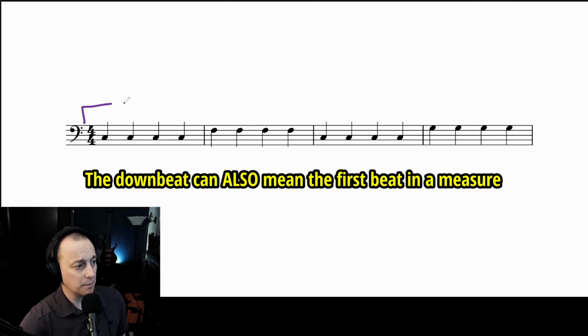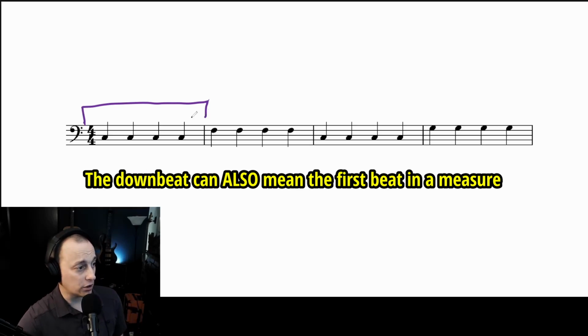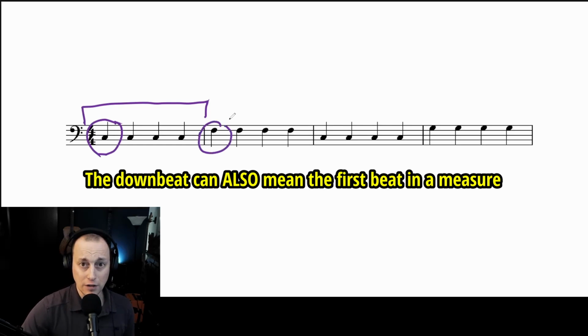We can also call this a bar. It's completely the same thing. So in what I have written here, we have 4 bars showing, or 4 measures. And the first beat, the first downbeat of each measure can also be called the downbeat of the measure. So my second definition of a downbeat is the first beat of a measure.